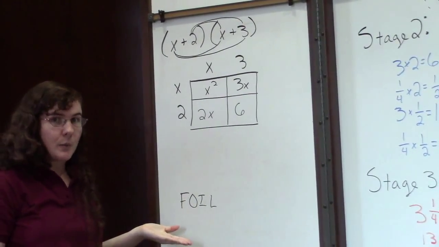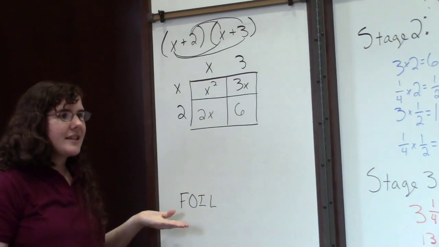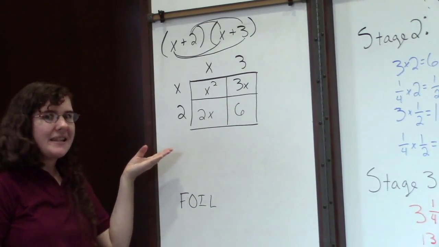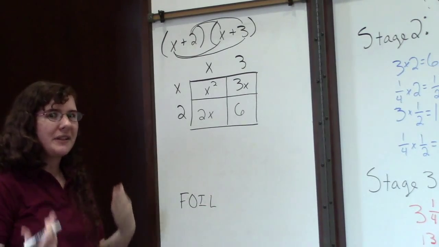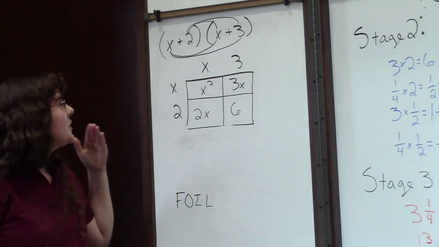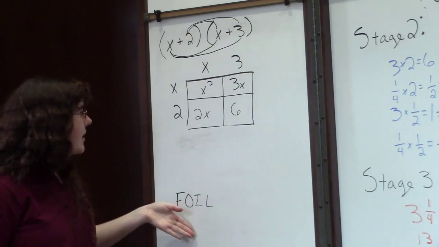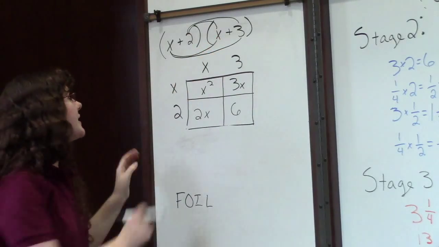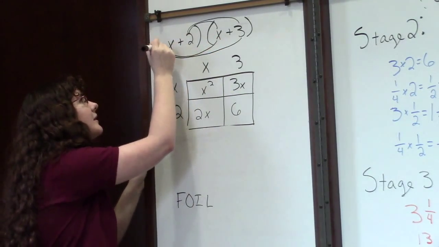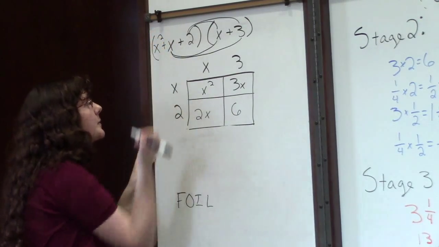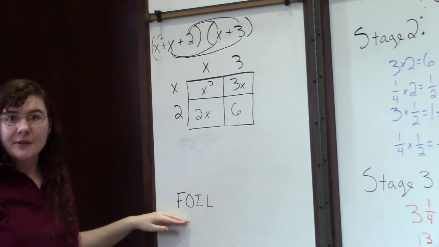And yes, this does work, but it's not as conceptual of an approach, which makes it tough for them to apply it to other situations. For example, if instead of a 2-term by 2-term, you tried to multiply something with 3 terms, suddenly FOIL doesn't work.